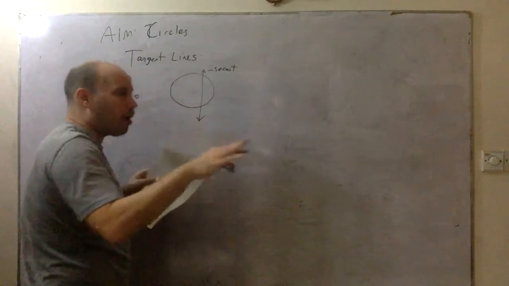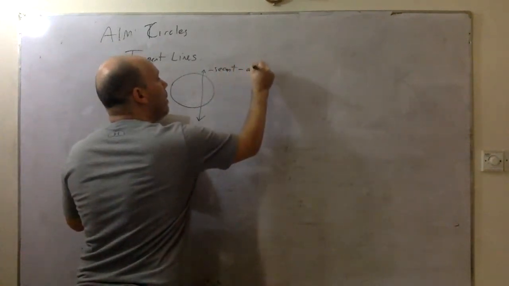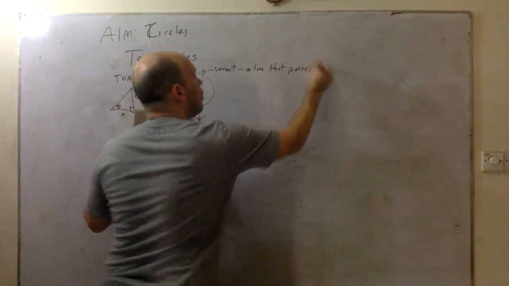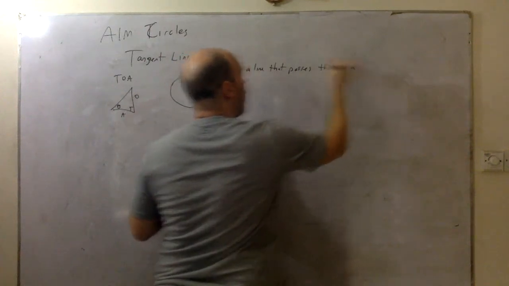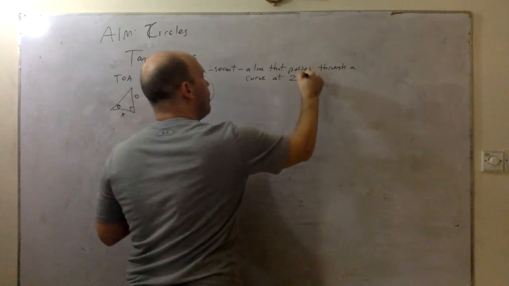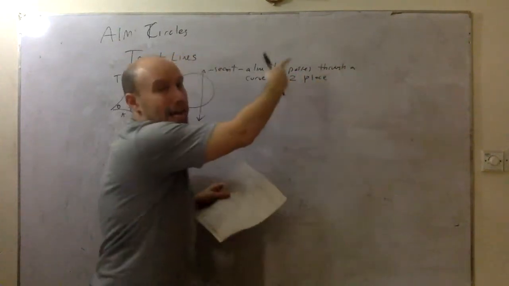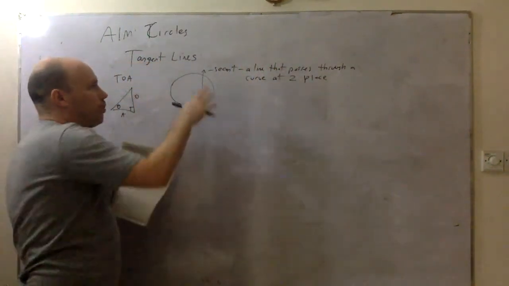Another important word, it's a secant, and it's a line that passes through a curve at two places. I should use the word intersect, but the idea is it passes through two places.